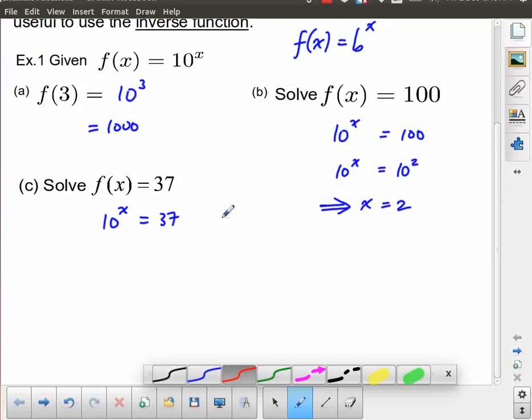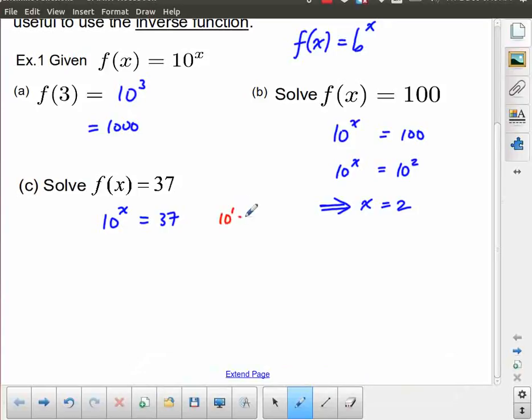We know that, for example, 10 to the 1 is equal to 10. 10 to the 2 is equal to 100. And so where does 37 lie in that range? Well, it's going to be somewhere between 10 and 100, which means my exponent has to be somewhere between 1 and 2.